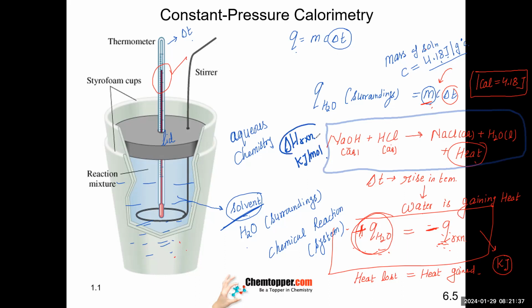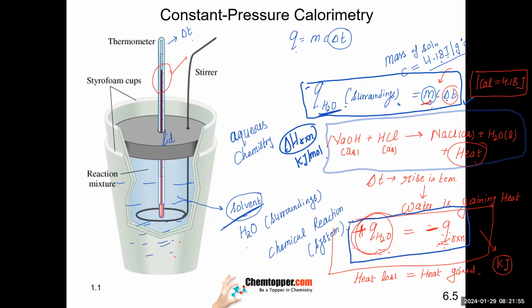So I'm introducing you to a few equations, children. One equation is Q equals mc delta T. To know the amount of heat gained or lost by water, we'll use this equation. The second, we will use to know the Q of the reaction.